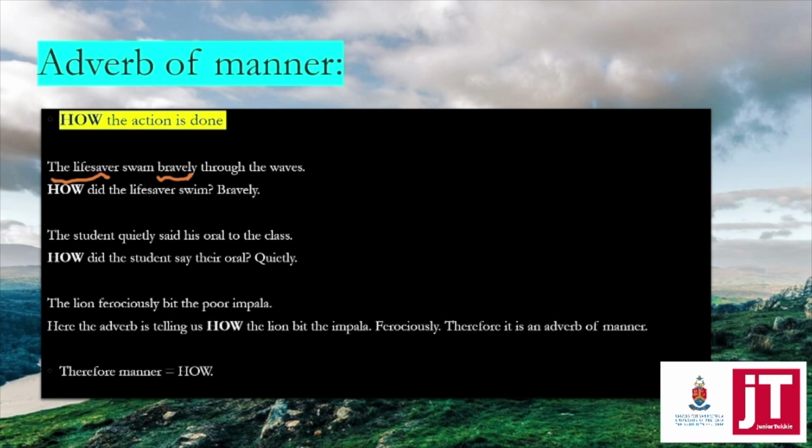If it said the brave lifesaver, or the lifesaver is brave and swam through the waves, we would be dealing with an adjective, because that would be giving us detail about the noun. But it's saying that he swam bravely. It's describing the way he swam. Okay, so we're dealing with an adverb. And it's telling us how he swam, so it's manner.